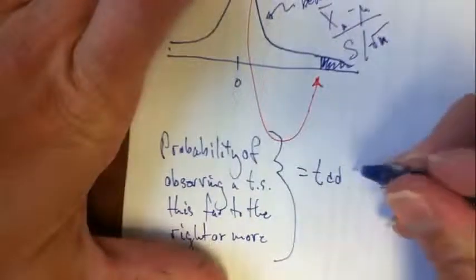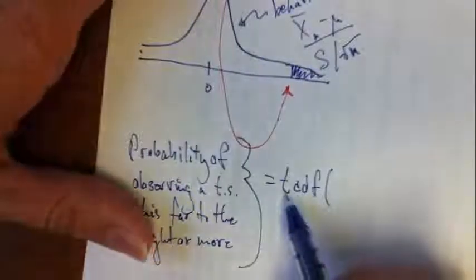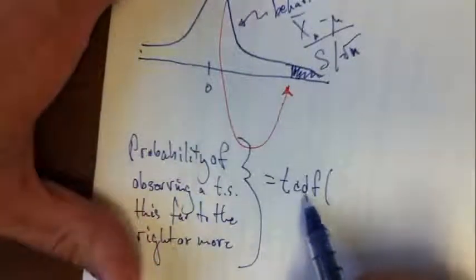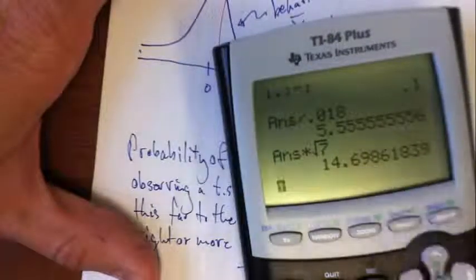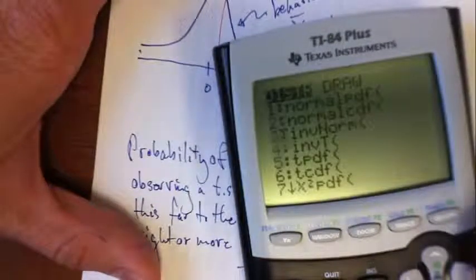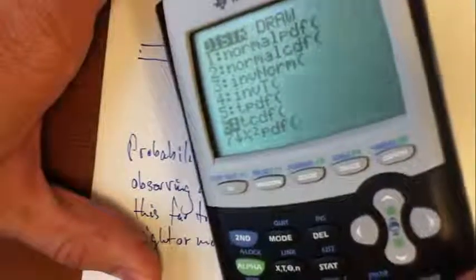I can get this by using tcdf on my calculator, because we're under a t-curve and it's basically a cumulative distribution function. We're asking the calculator to integrate for us, and it's in the distribution menu in your calculator, tcdf.